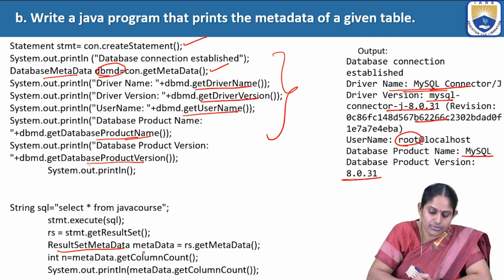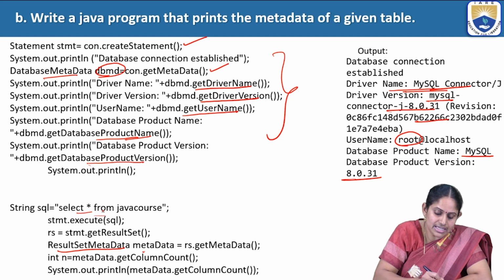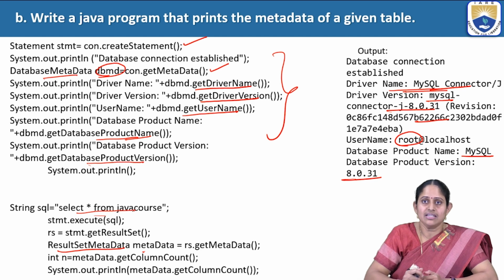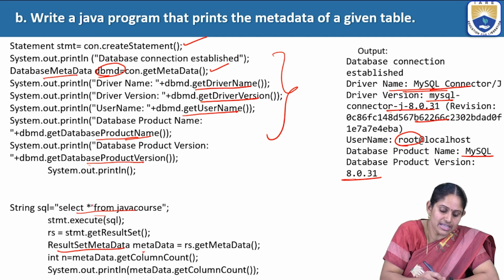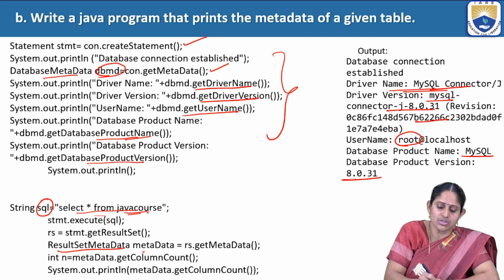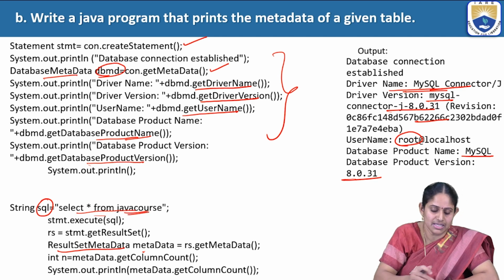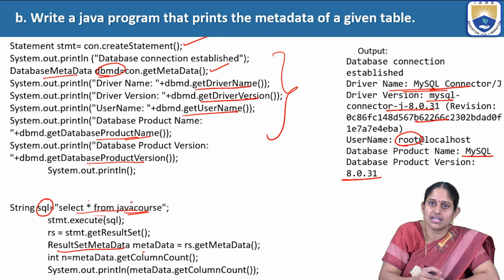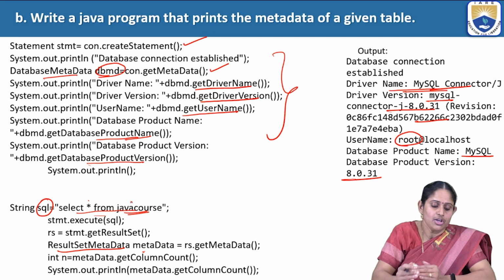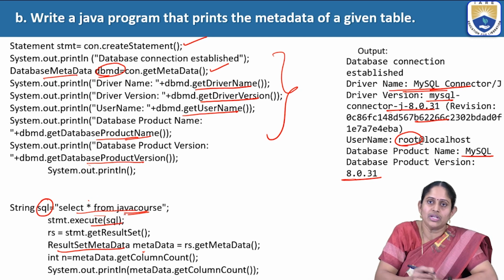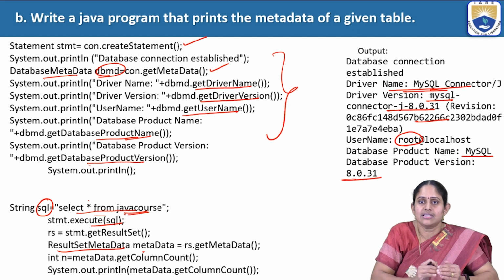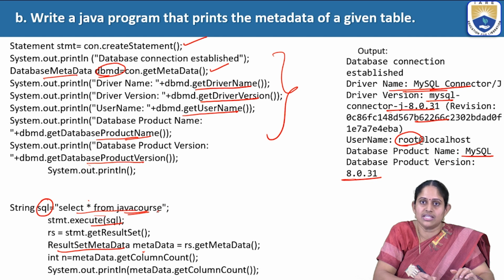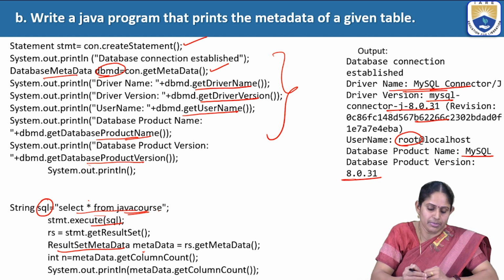Similarly, as we have done before, we create an SQL statement to select from a table. This Java course is a table stored in my database, so I'm retrieving all the contents of that table. Once I execute this SQL query, it will return the ResultSet object with the contents of this Java course table.